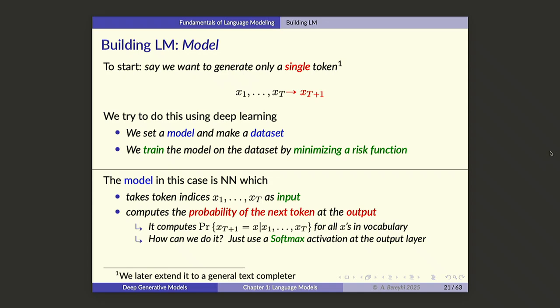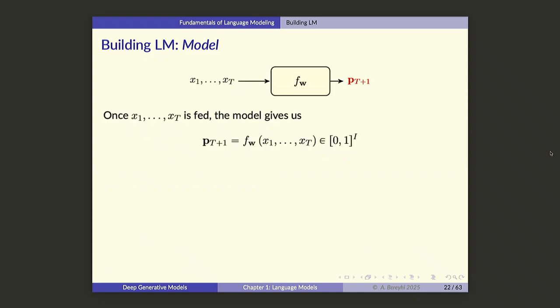Okay, great. So let's do it then. Let's say that I have this f_W. So this f_W is my model. So essentially, this is the neural network. And that neural network has a bunch of parameters in it, so some weights, which are all stored inside this list W. And then what it's going to do is take the first t tokens, and generate one probability distribution.